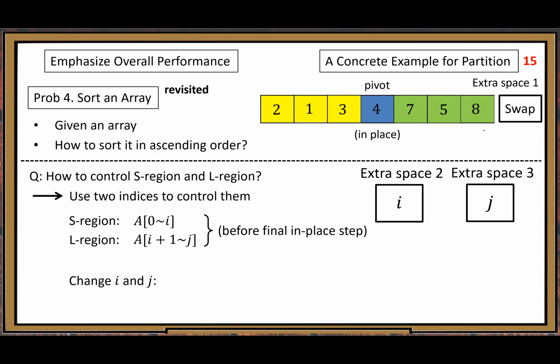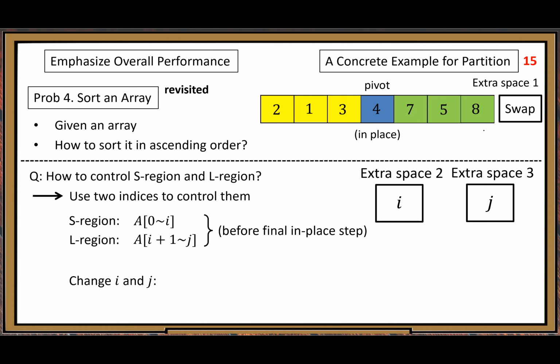The L region means larger: the elements in this region should be larger than P. The U region is unprocessed, because we haven't done any comparison. The elements in the U region, we haven't compared with the pivot element.